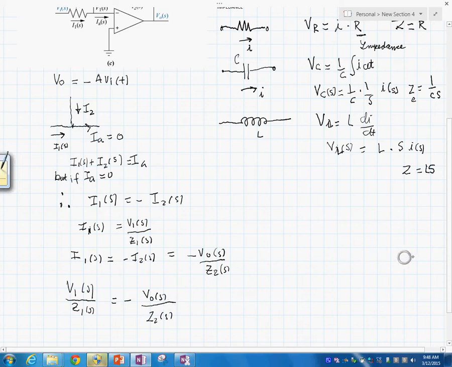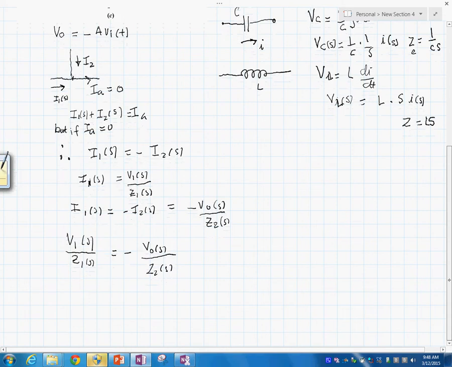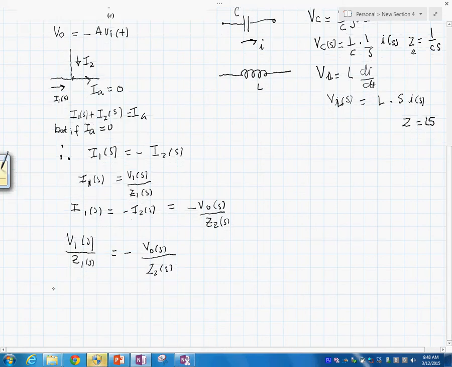So, consequently, you say therefore, the output V of S is going to be equal to minus Z2 over Z1.